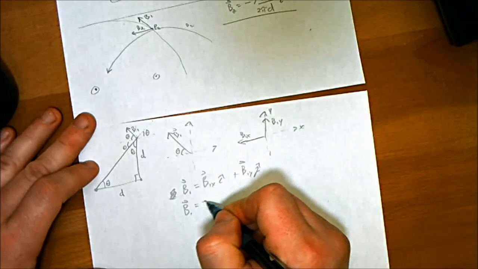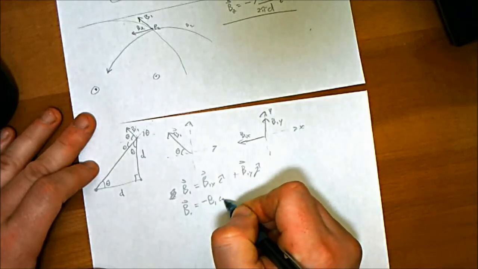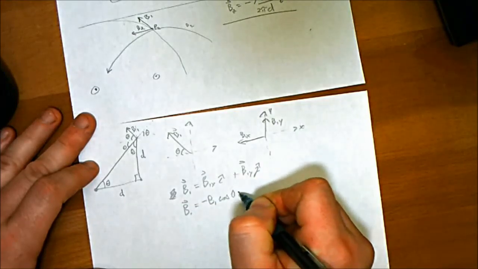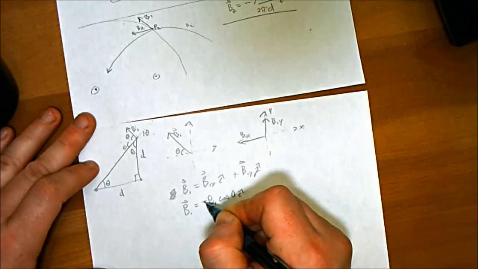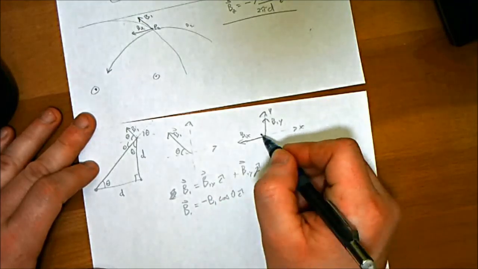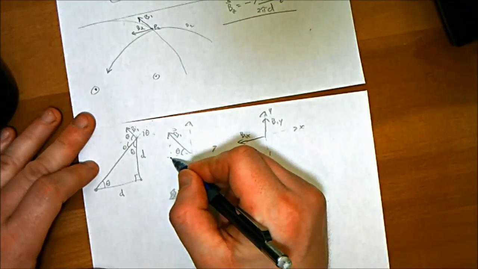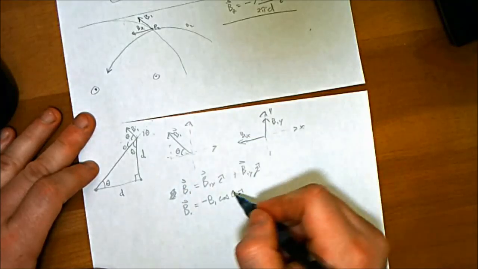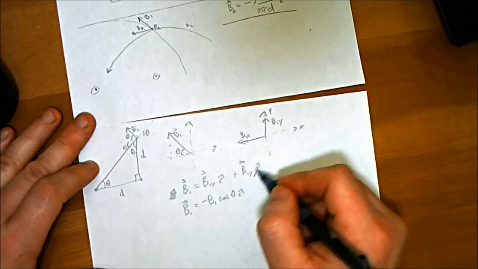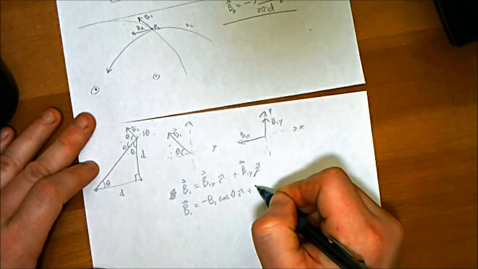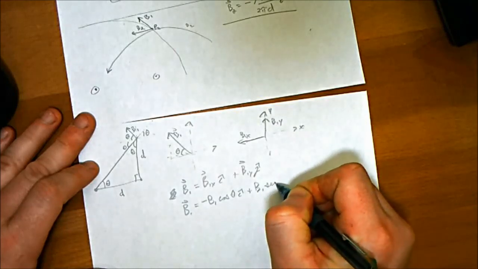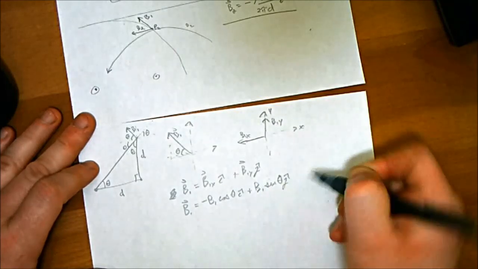And that will be negative B1 cosine of theta i hat, because it's in the negative direction, and we get the magnitude by looking at the projection onto the x-axis by using cosine. And in the y direction, that's positive B1 sine of theta j hat.